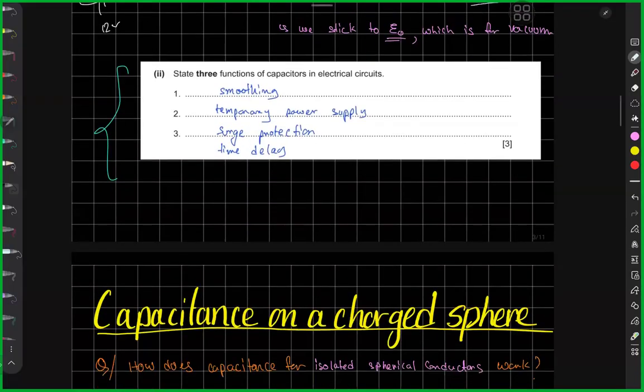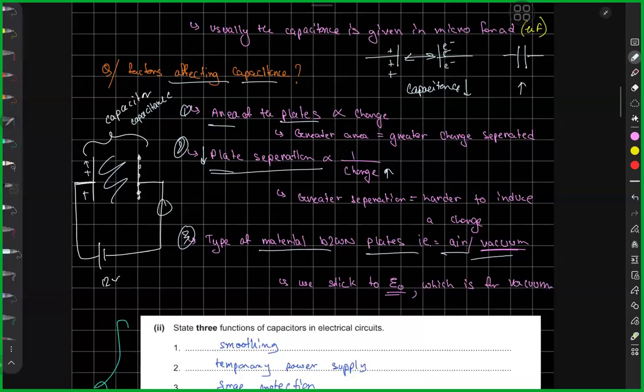So what do I mean by that? If there's a bulb over here, and it lights up when you have a complete circuit, and you turn off the switch, you're cutting it off from this supply of energy. If you have some sort of appliance connected to this capacitor, then for some time after you cut off the main power supply, even then for a few seconds the bulb will light up.